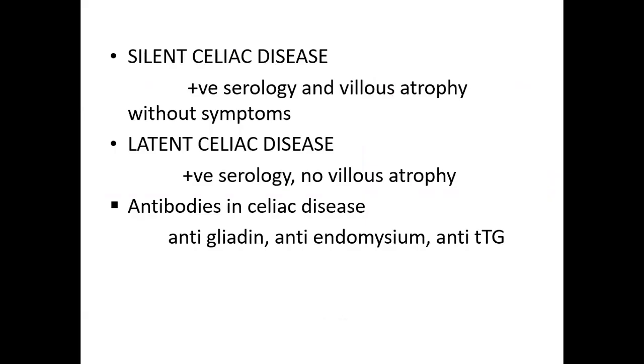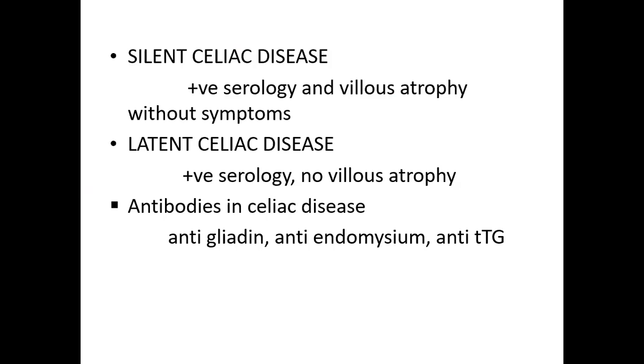Then there are certain terms which are sometimes used in celiac disease, that is silent celiac disease. Silent celiac disease is when there is positive serology and villus atrophy but without symptoms.